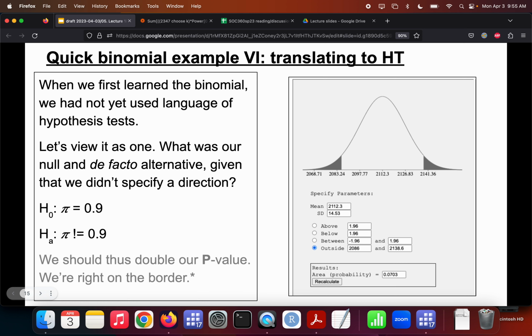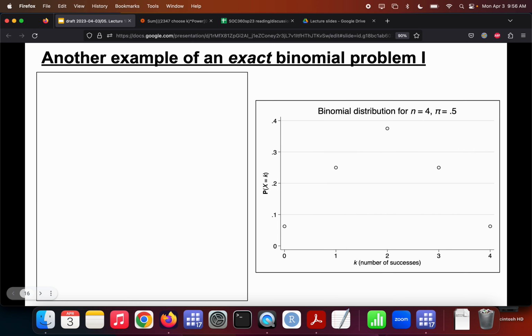And what that means is that we really should then double our p-value because we didn't actually know a direction. And you'll note here that we're right on the border. We could use our conventional cutoff of alpha equal to 0.05, but I think it's best to avoid that when you can. So what we would say here is that results such as these would be surprising under the null, since they're conventionally a low probability event, and that might provide some evidence against the null.